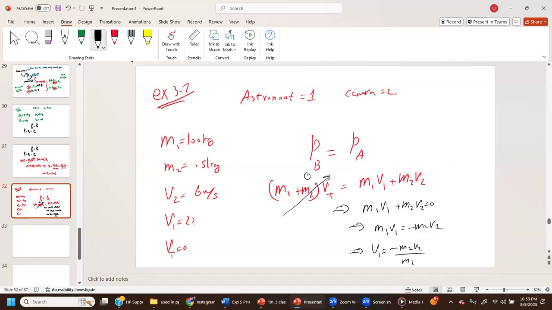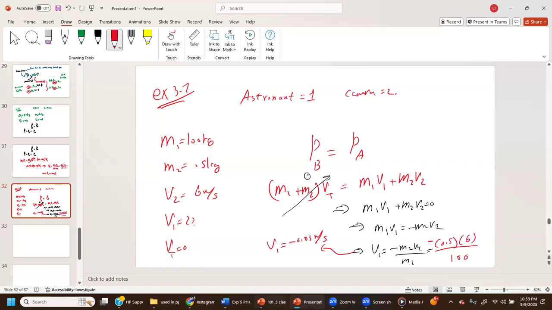And in this case, it'd be 0.5, don't forget the negative, times 6, divided by 100. That means your V1 is going to equal minus 0.03 meters per second.